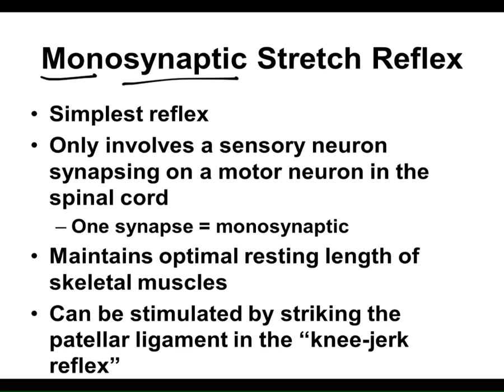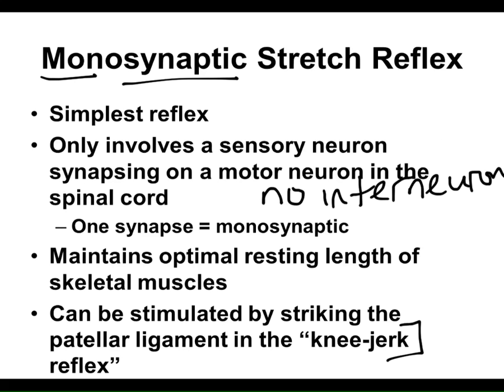Sensory in, motor out, therefore no what? No interneurons, right? No additional neurons inside the spinal cord. This is your knee-jerk reflex, the most simple, it's very, very fast, and one synapse involved.